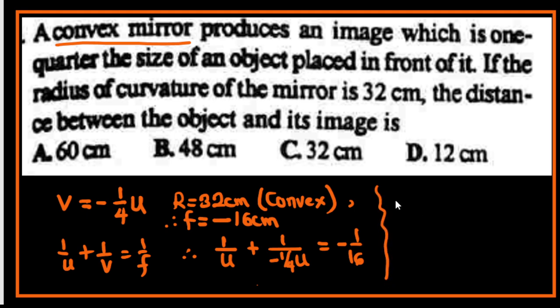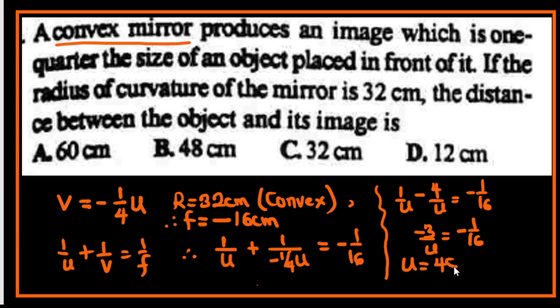Let's rewrite this as 1 over U minus 4 over U equals minus 1 over 16. So U is the LCM, so I have minus 3 over U equals minus 1 over 16. So from there, U is going to be 16 times 3, that's 48 centimeter.